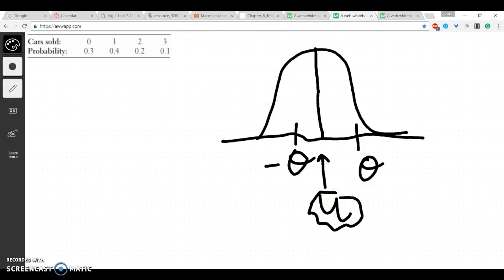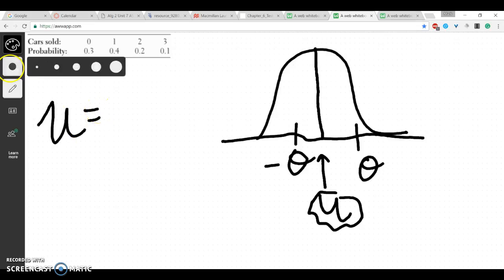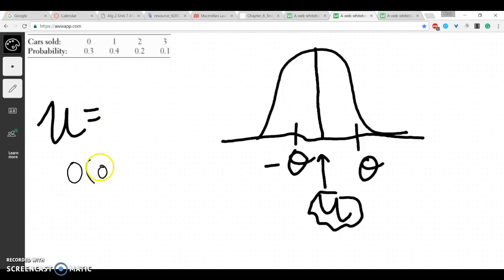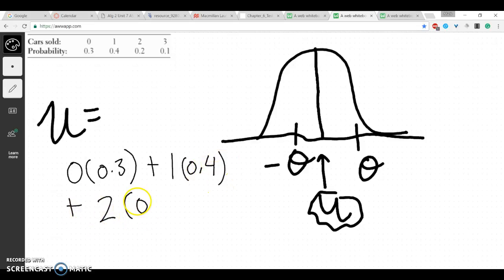So let's take this one. If I'm going to find the mean, it would be 0 times 0.3 plus 1 times 0.4 plus 2 times 0.2 plus 3 times 0.1.